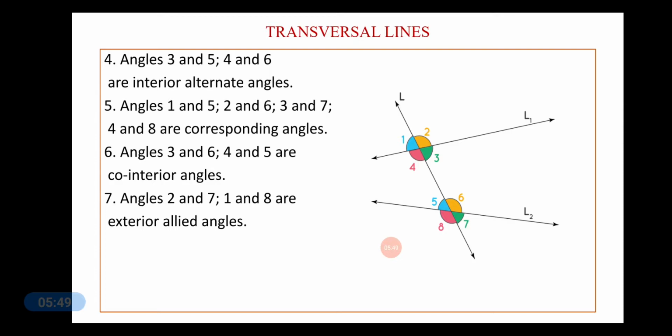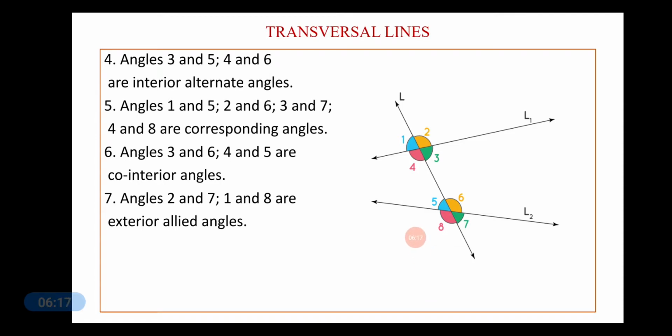Now consider these angles 1 and 5, 2 and 6, 4 and 8 and 3 and 7. So we call these angles 1 and 5 as corresponding angles, 2 and 6 as corresponding angles, 4 and 8 as corresponding angles, and 3 and 7 as corresponding angles.